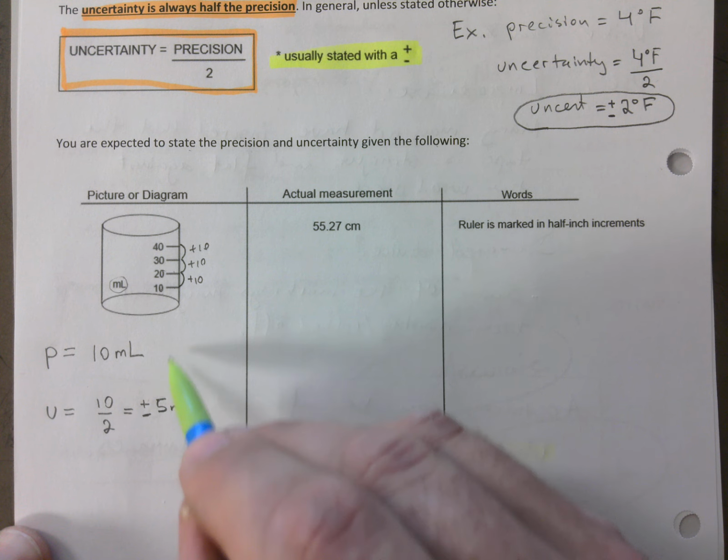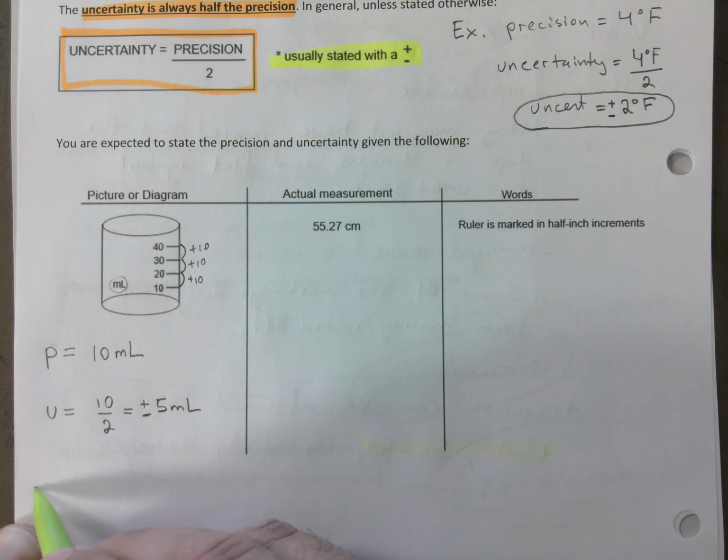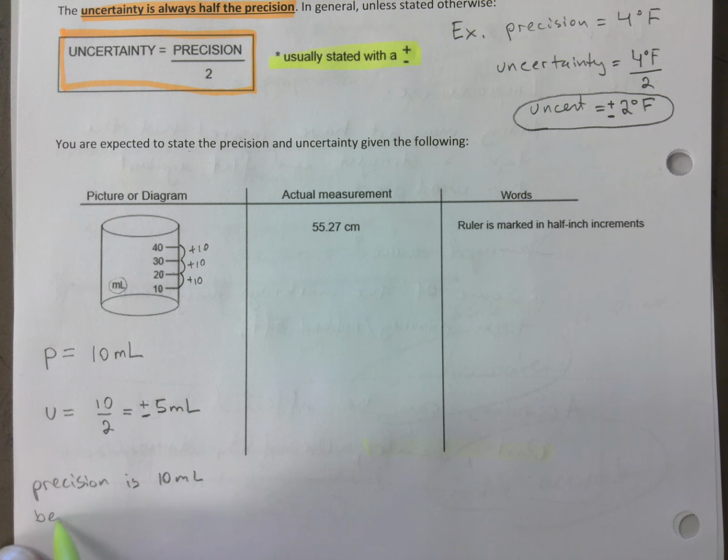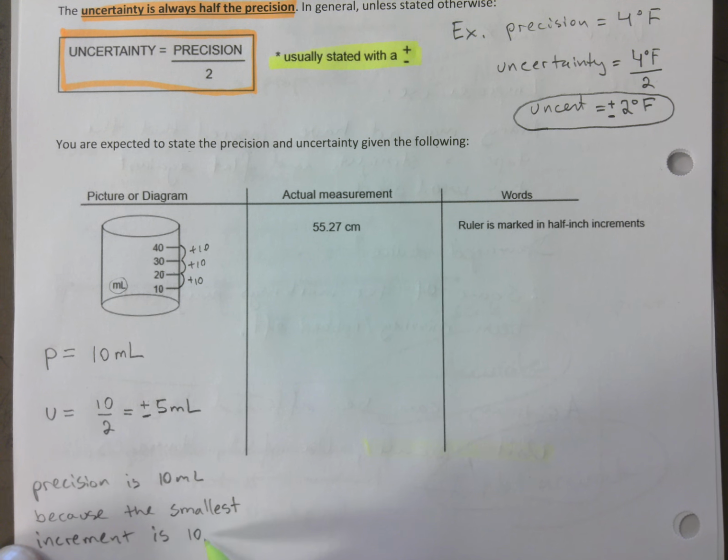I will just define this a little bit. Precision is 10 milliliters because the smallest increment is 10 milliliters.